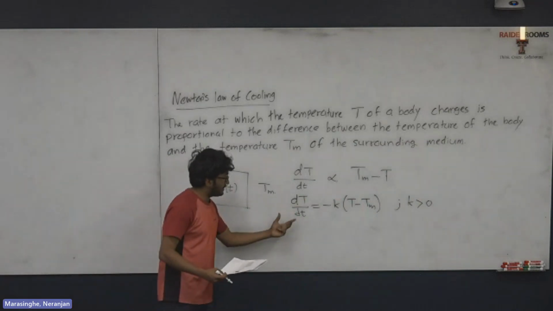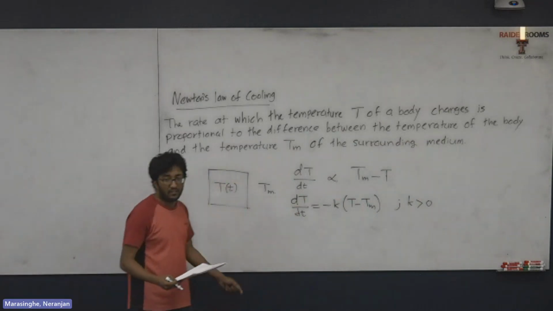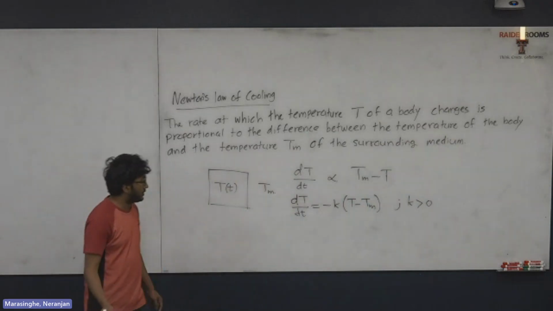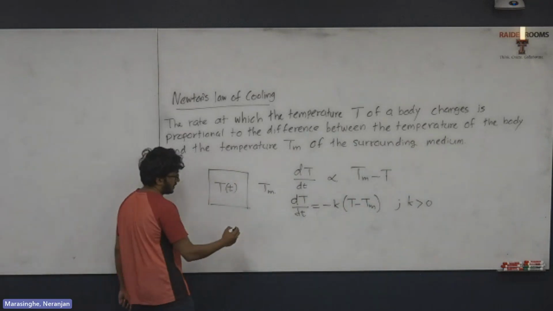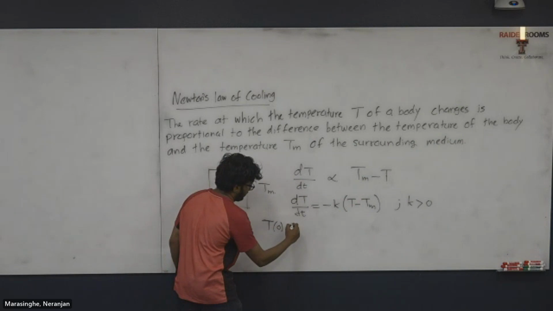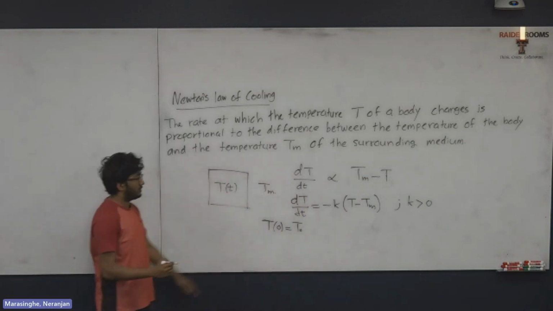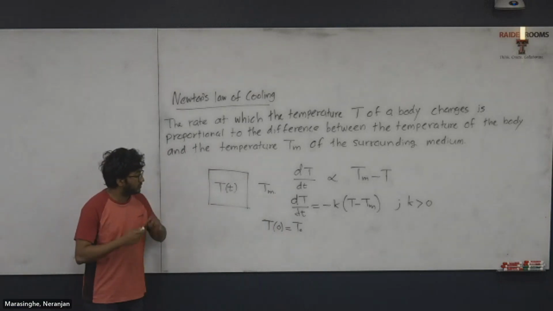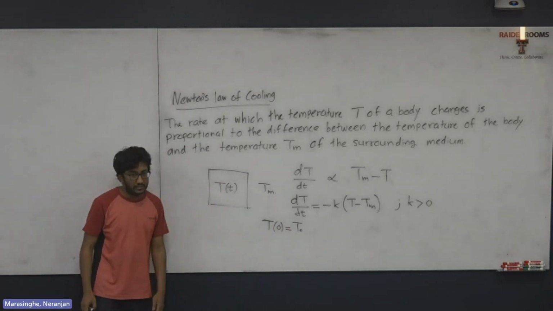This is also a very easy separable equation to solve. Can you give it a try? Solve this, considering the initial condition that the temperature at time zero is going to be T naught.